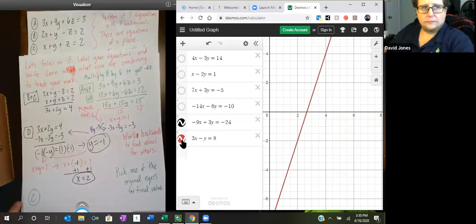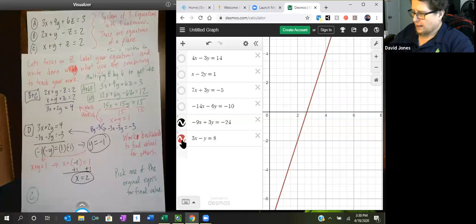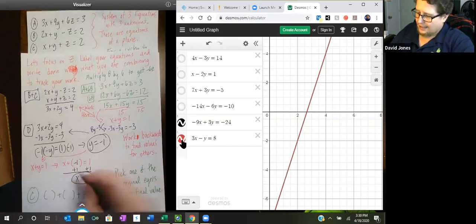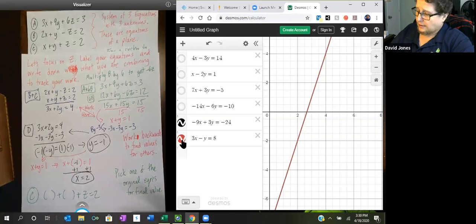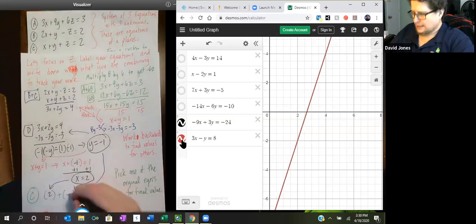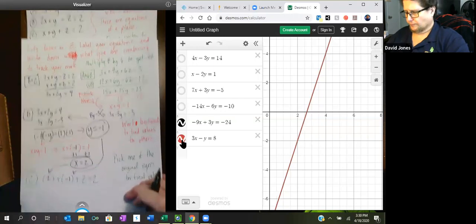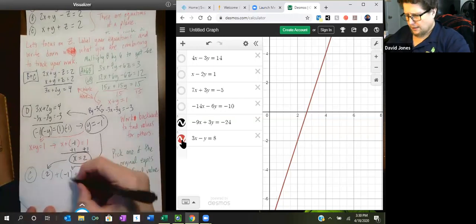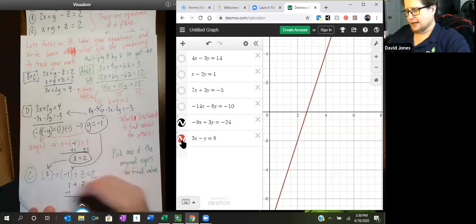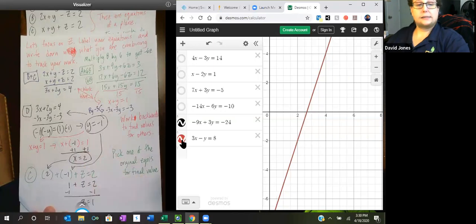So I get x plus y plus z equals 2. X here is 2. Y here is negative 1. This combines to 1 plus z equals 2. We subtract 1 from both sides, we get z equals 1.